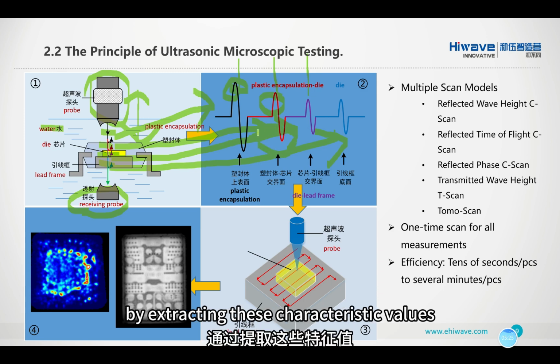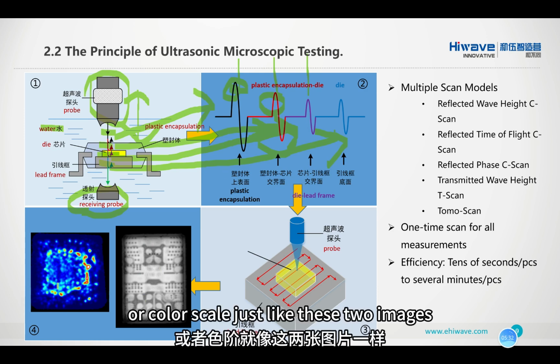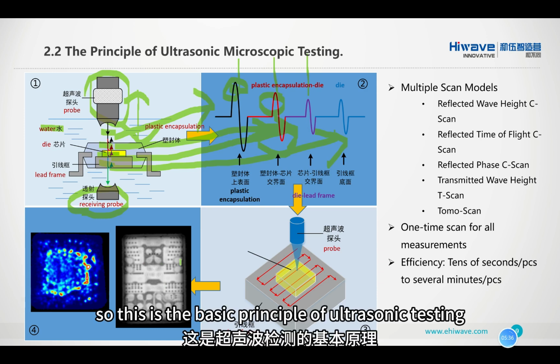By extracting these characteristic values, we can form a grayscale or color scale image just like these two images. So this is the basic principle of ultrasonic testing.